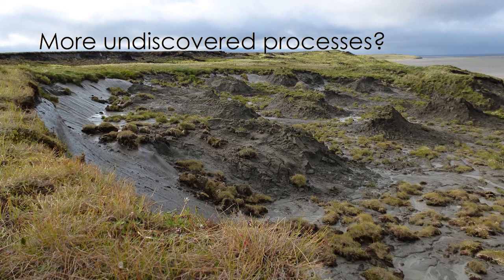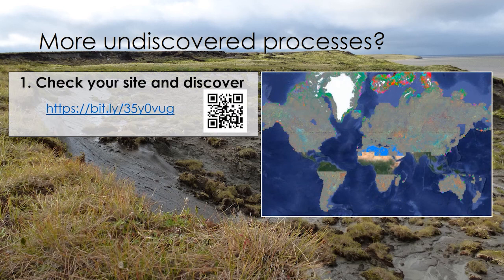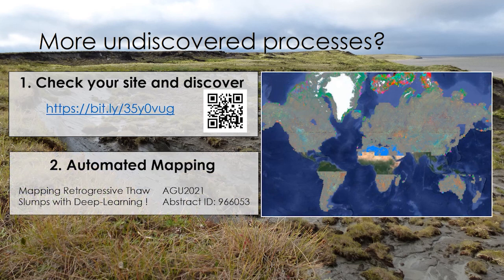So there are different methods to tackle that. One is to check the data on your own. You are free to discover that in the app, where you can browse around and look for specific features and signatures. The second one, a more sophisticated approach, is automated mapping.